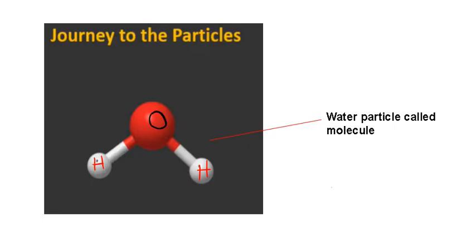So we have three atoms in a molecule of water: two hydrogen atoms and one oxygen atom. That's H2O. This shows that we have two atoms of hydrogen and one atom of oxygen.